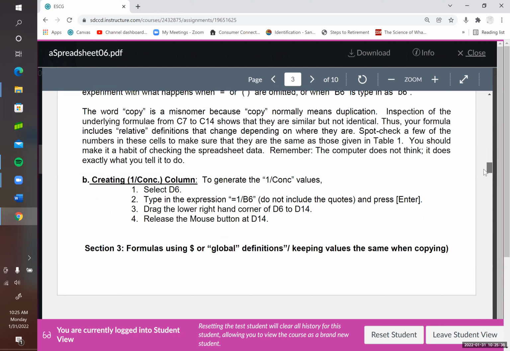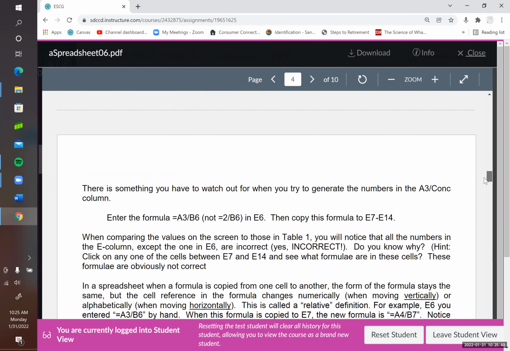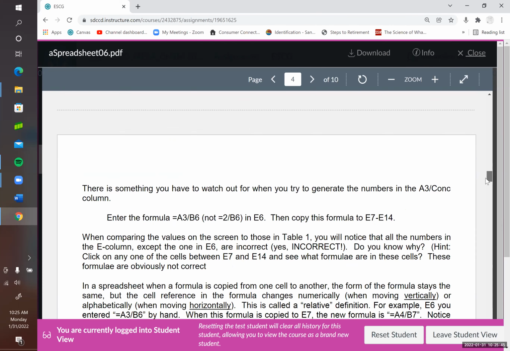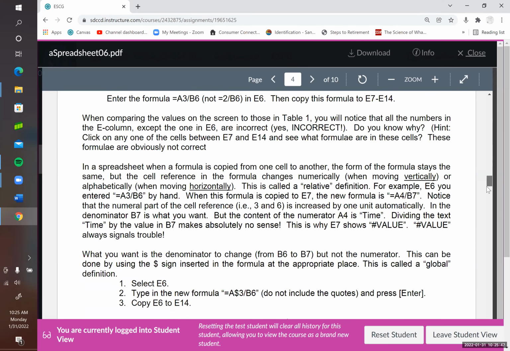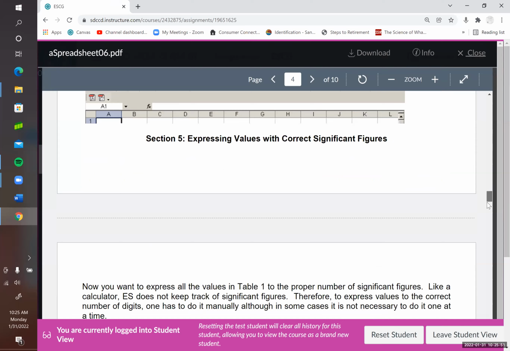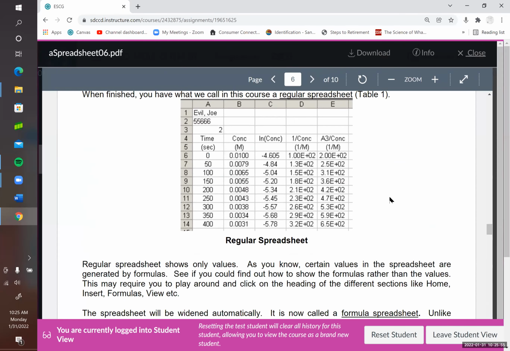It talks about how to create columns and adjust them. It talks about relative definitions versus global definitions. So it's all tutorial in this section: how to do things in Excel, how to plot things, how to generate columns of data based off of experimental data, and to make sure that you have the right number of significant figures in that generated data.